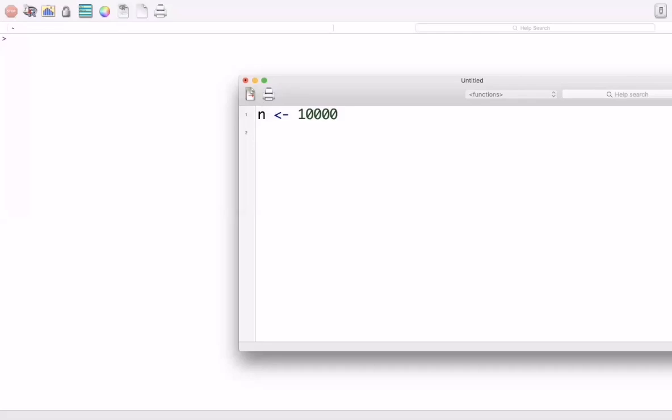Then we simulate from the shifted exponential. All of you know that we can actually simulate exponential from the uniform 0, 1. So what's the transformation?